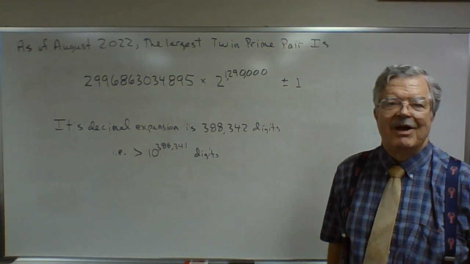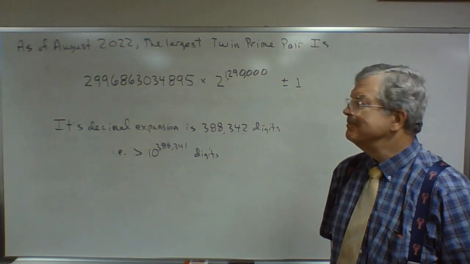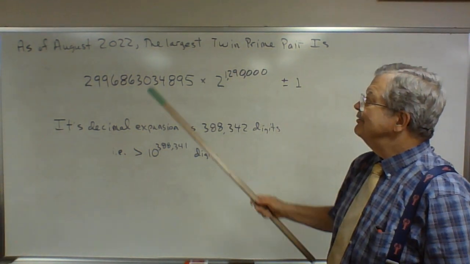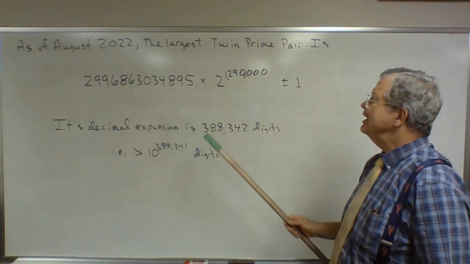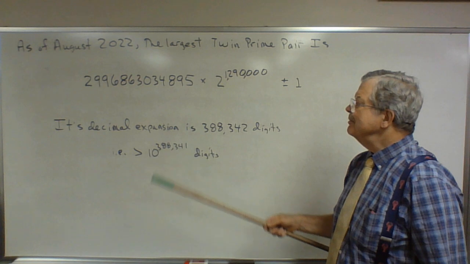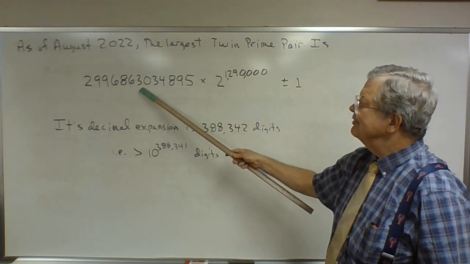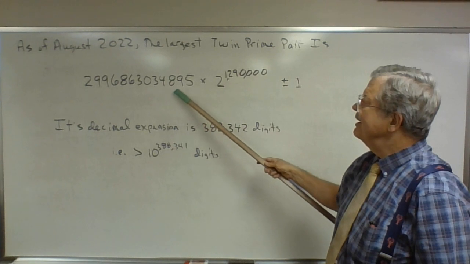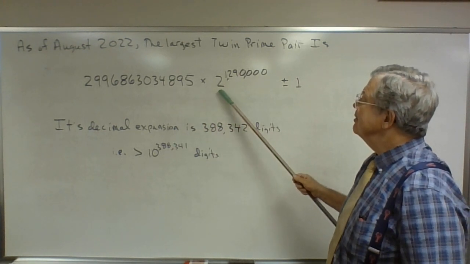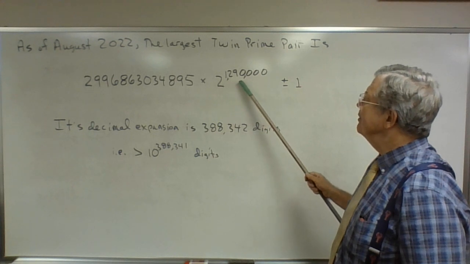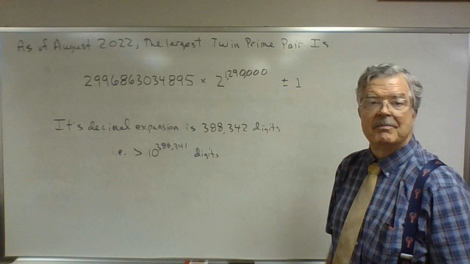Okay, as of August 2022, the largest twin prime pair is this number, 2699686303485 times 2 to the power of 1,290,000 plus or minus 1.